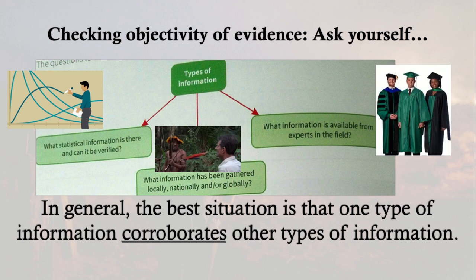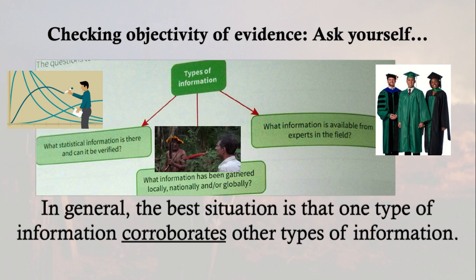The third type of information is the information given to us by experts, and that might not be a different set of information. It might be, but it's not necessarily, because they can assess the statistical value of statistical data and local stories, but they might have some extra type of information present because they have an overview of things.